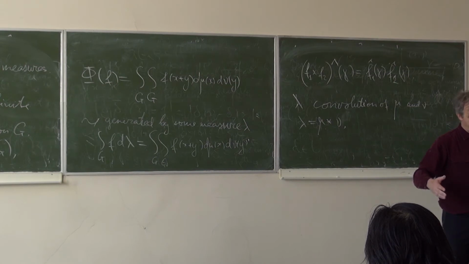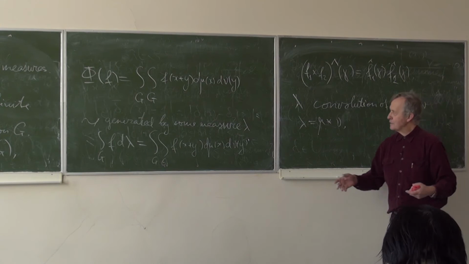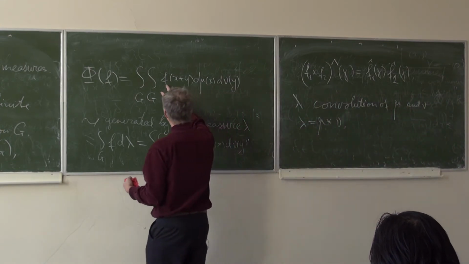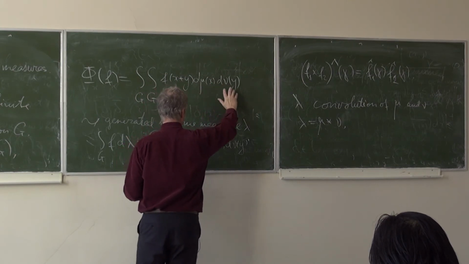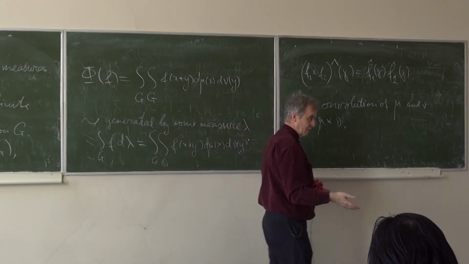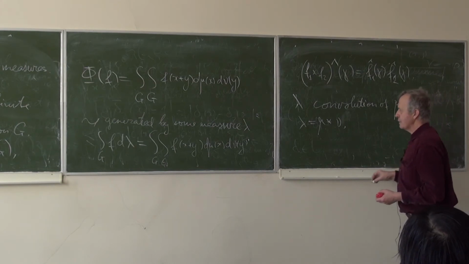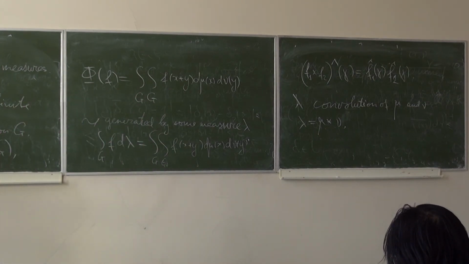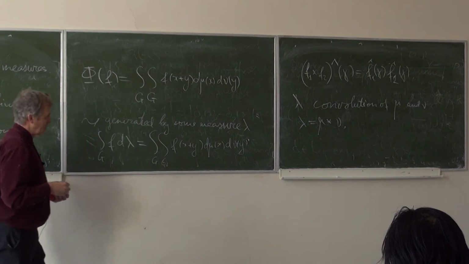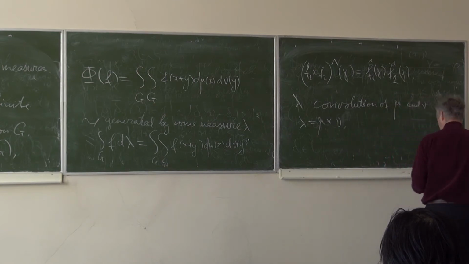If you convolve more than two measures, then the way of placing the parentheses is not essential, because in any case, this will be the integral of f of the sum of some arguments against these measures, each one in its own argument, and so on. Well, and also here I must tell you that I skip some easy but a bit nasty measurability questions.